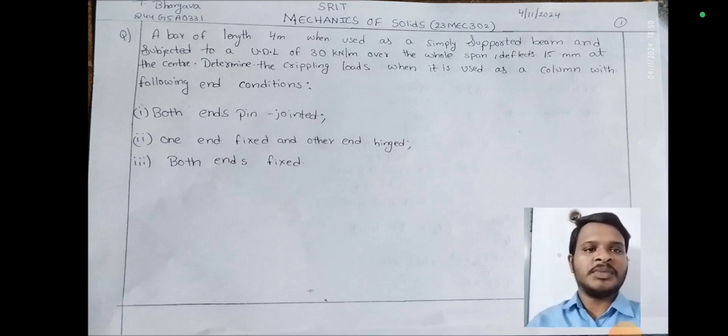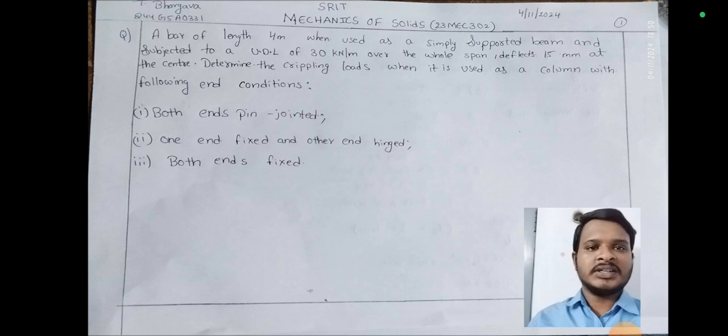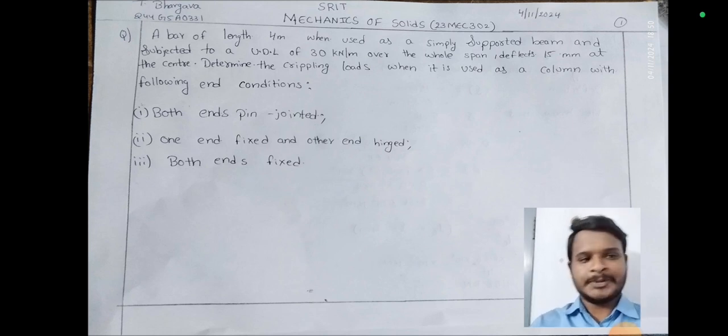Determine the crippling load when it is used as a column with the following end conditions: both ends pin jointed, one end fixed and the other end hinged, and both ends fixed.